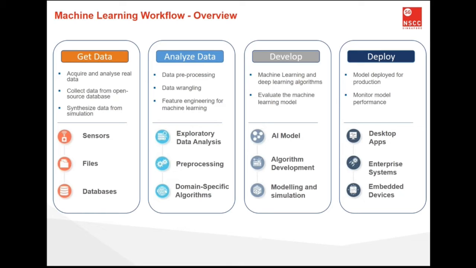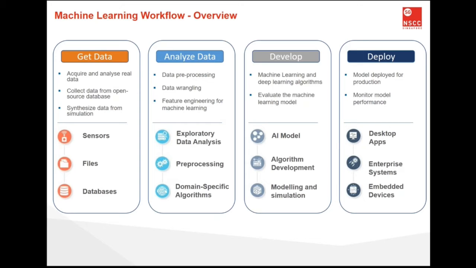Some common sources of data are sensors, files, and databases. During the analyze data stage, we will involve data preprocessing, data wrangling, feature engineering, such as exploratory data analysis, data preprocessing, and developing some domain-specific algorithms.